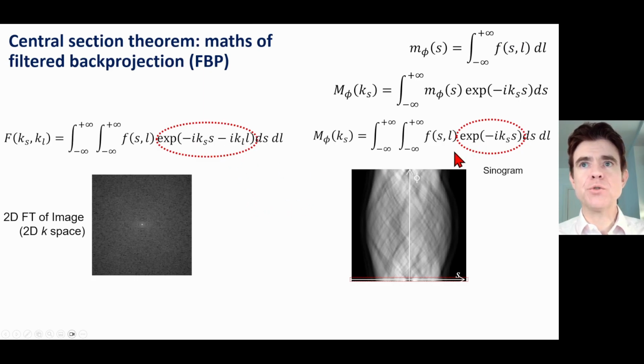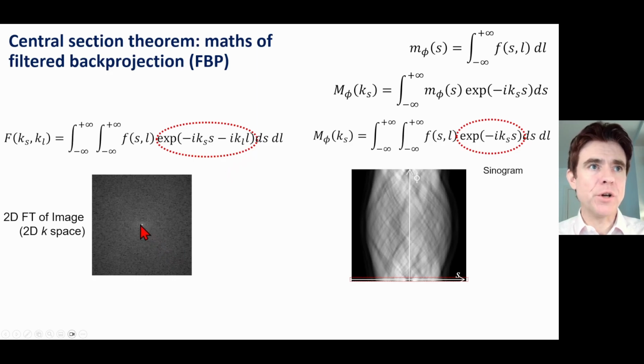If you compare these two terms, you'll notice that they're actually identical when k_L is equal to 0. Okay? And so that shows us that the following is possible. If I take a 1D parallel projection, that's m_phi of s, if I Fourier transform it, I get an expression that directly matches the 2D Fourier transform of what we want, except it's just a central section because k_L is going to be equal to 0.